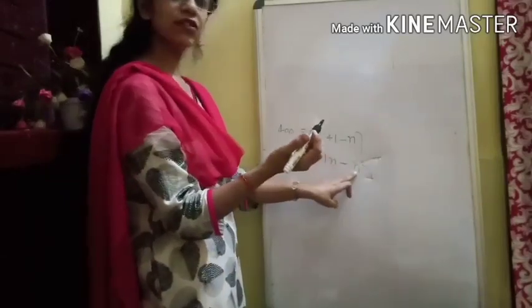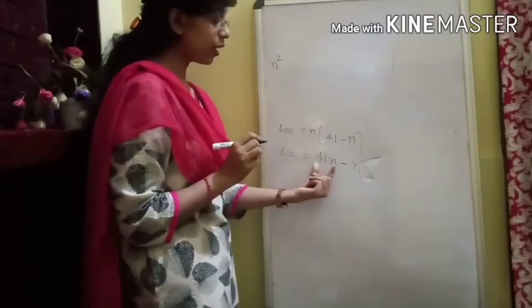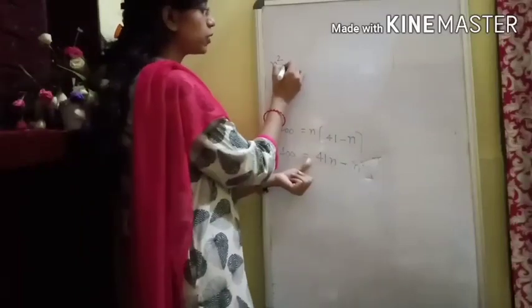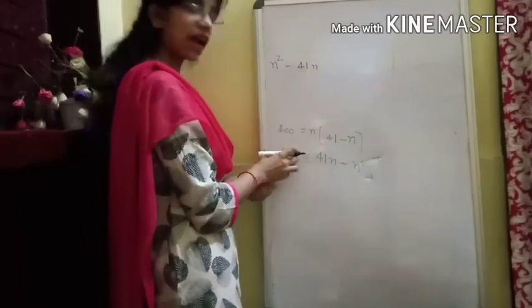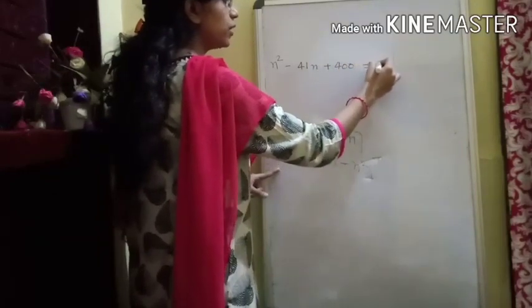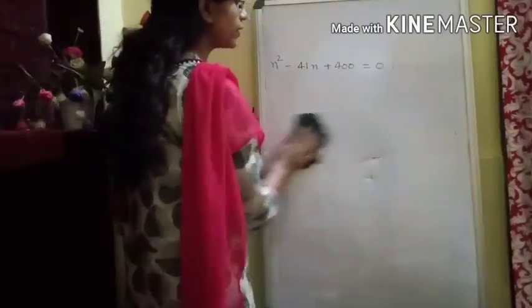So when minus n square will come this side, it will be plus n square. Okay. Now 41 is with plus sign. When it will come here, it will be minus 41n. And already we had this 400 in the LHS, so it will be 400, and that side it would be 0.